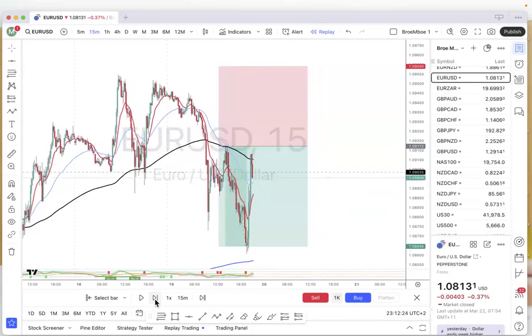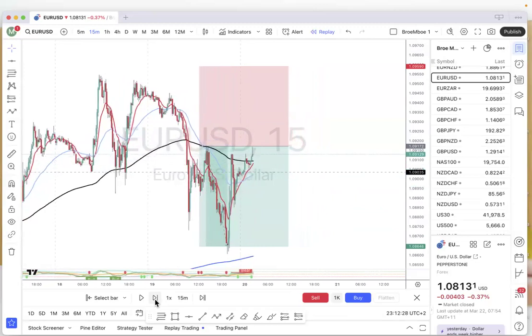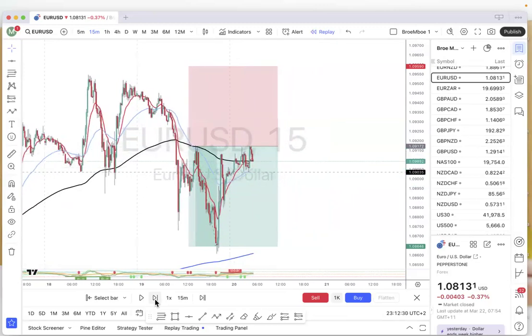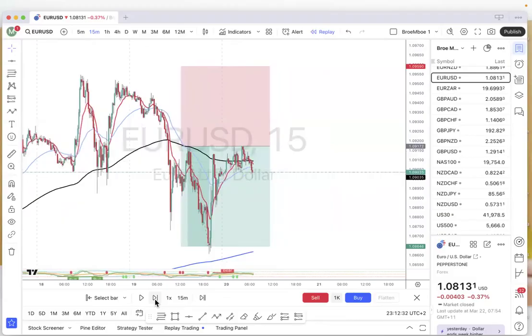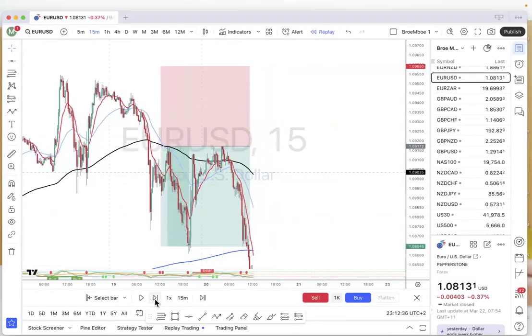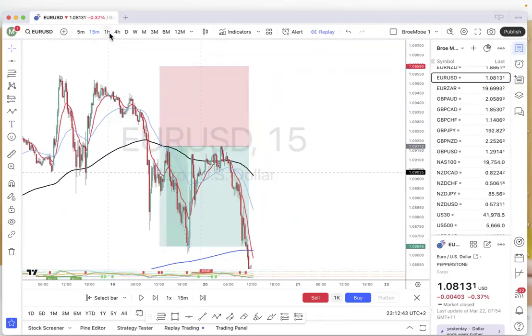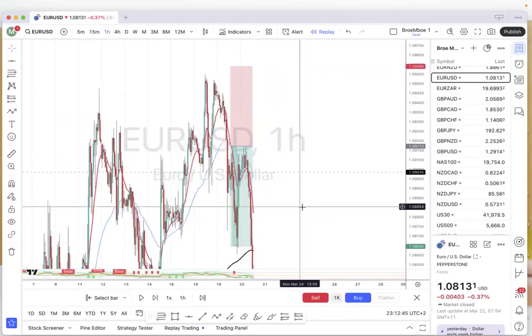And then what happens? Still plays around there. Right. You had zero drawdown so far.